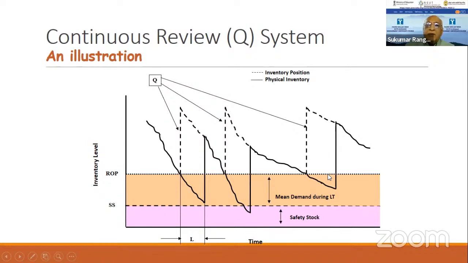And because it is a mean, in this cycle it has dipped into the safety stock. This is the lead time, from the time it is ordered to the time when the material has come. Here. So inventory position and physical inventory are plotted.